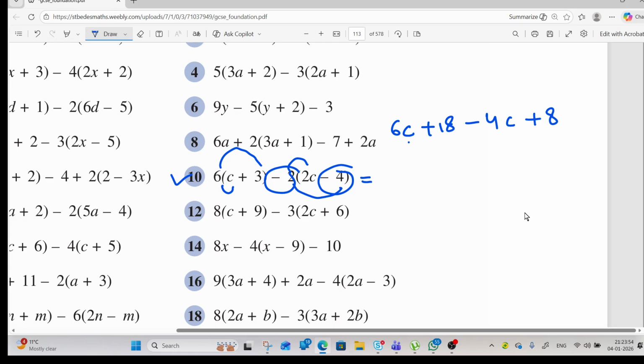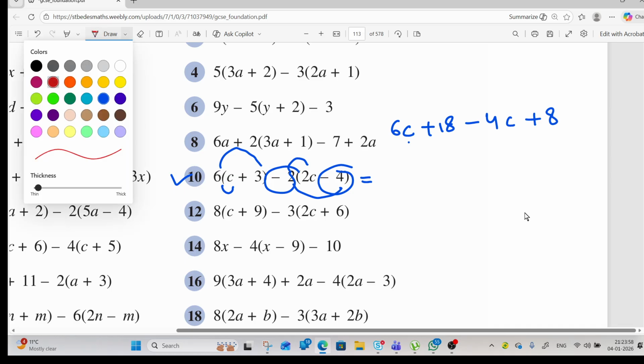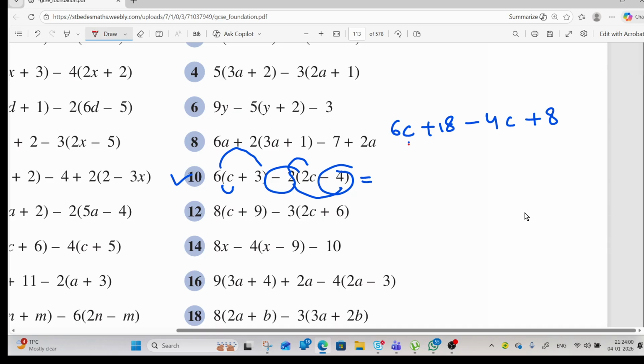Now what should we do next? 6c with plus negative 4c. 6c minus 4c, which is 6 minus 4, 2c.